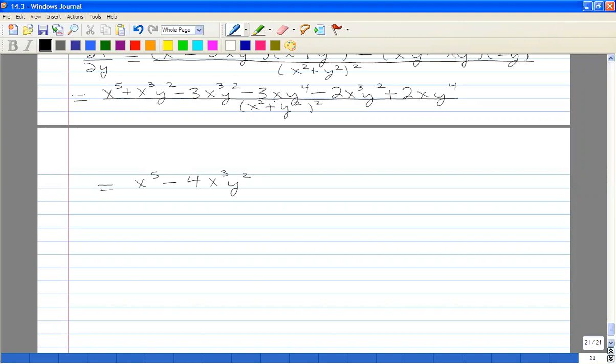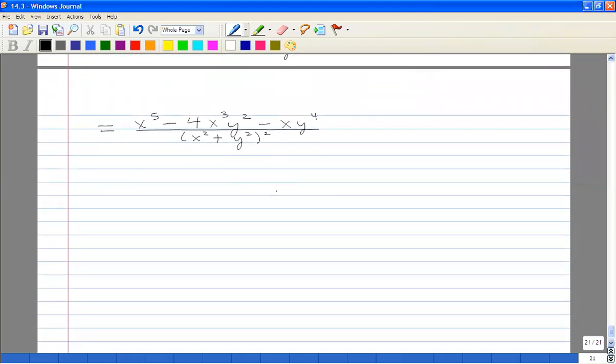And then 2xy to the fourth minus 3xy to the fourth is minus xy to the fourth, divided by x squared plus y squared squared. So this is continuous everywhere except possibly at the origin.